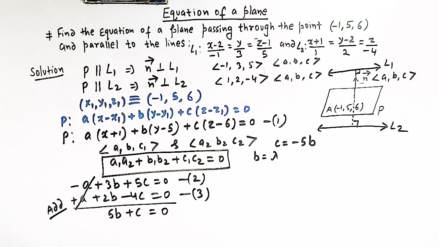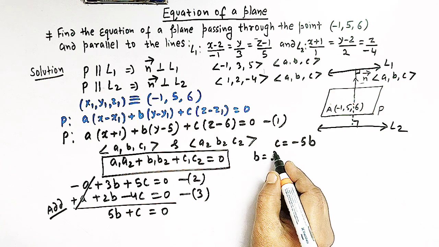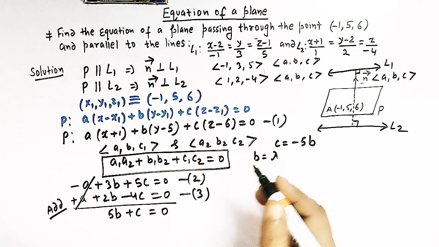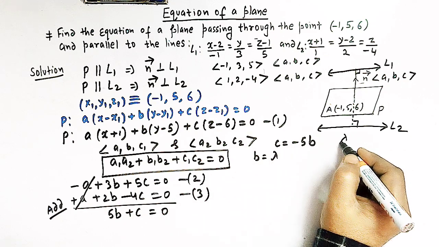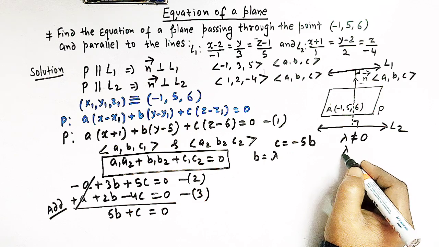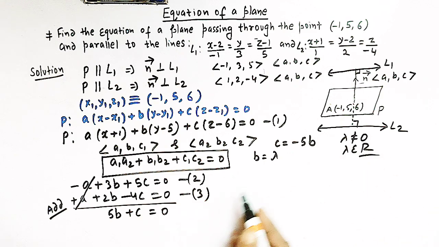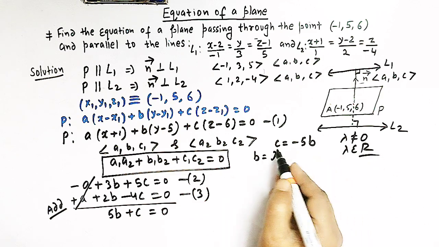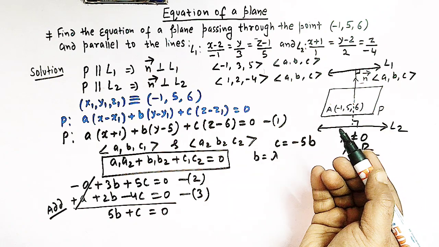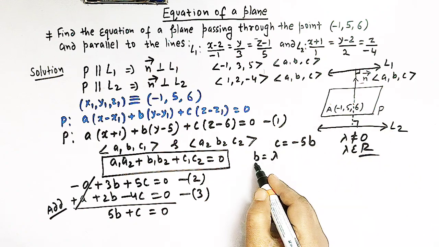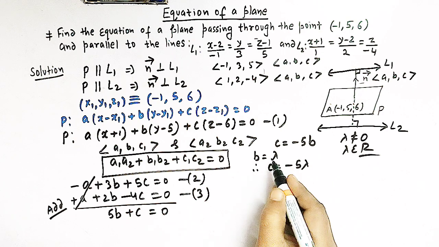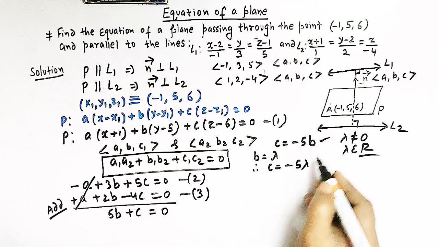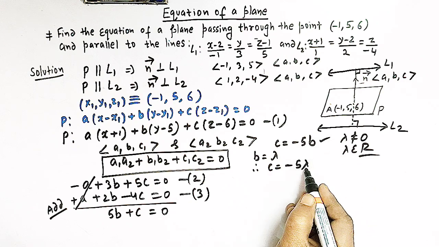So the purpose of introducing this scalar lambda is to express a, b and c in terms of lambda, where lambda is not equal to 0 and it is some real number, right? So taking b is equal to lambda, we can also take c is equal to lambda, right? So it is up to our choice. So we'll take b is equal to lambda, so that c is equal to minus 5 lambda, right? Substituting b is equal to lambda in this equation, c is equal to minus 5 lambda.